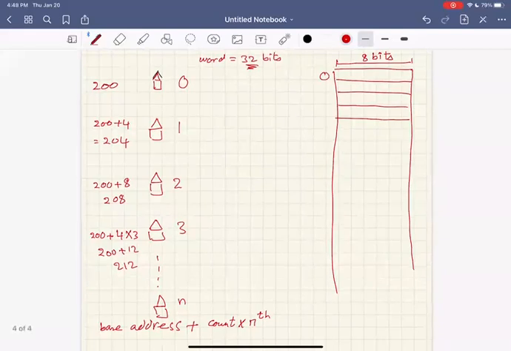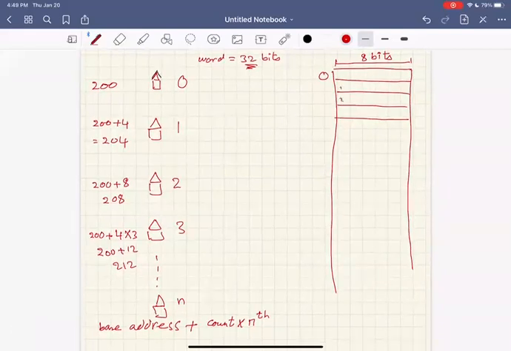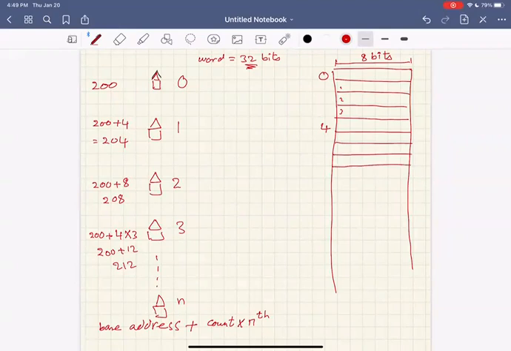Correct? And then the second byte is 1, 2, 3, and then my second word begins at address 4, and then 4, 5, 6, 7, and then the next word will begin at 8, and so on and so forth.